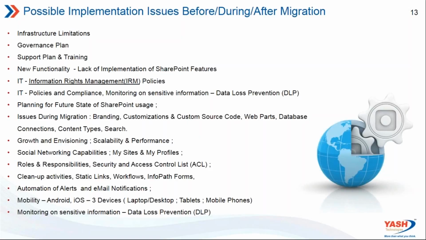And especially when it comes to these migration topics, the earlier versions of SharePoint may not have the latest SharePoint features. So how do we enable them after that? What is the sequential and priority basis? And the next one is most important: information rights management policies.